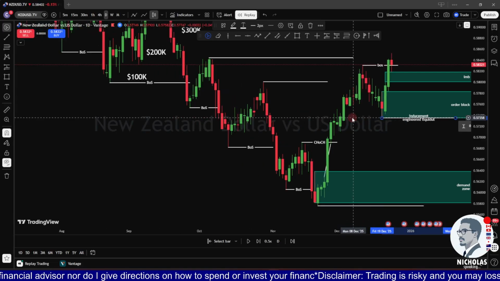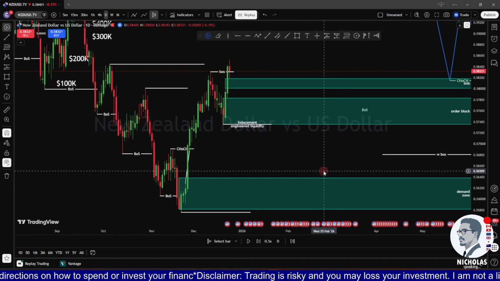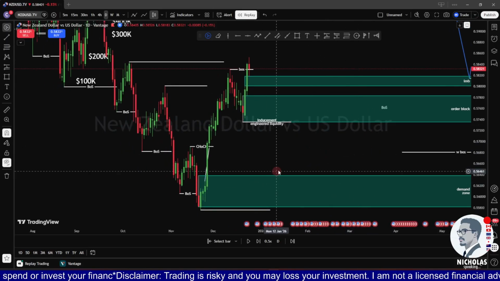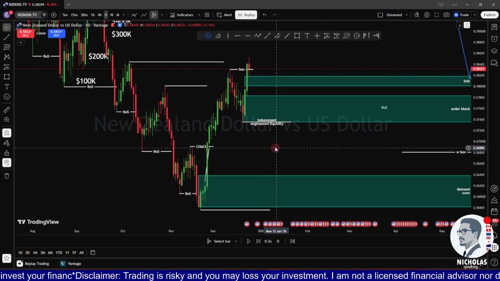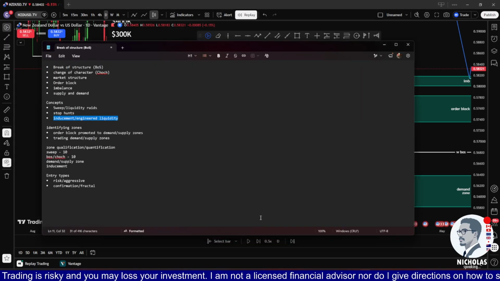With my inducement and engineered liquidity, I now have a reason to look at this chart and say this market has engineered liquidity. If price comes down to this place, I can enter, but that is moving ahead of ourselves. We now have imbalance, we have everything to call engineered liquidity.